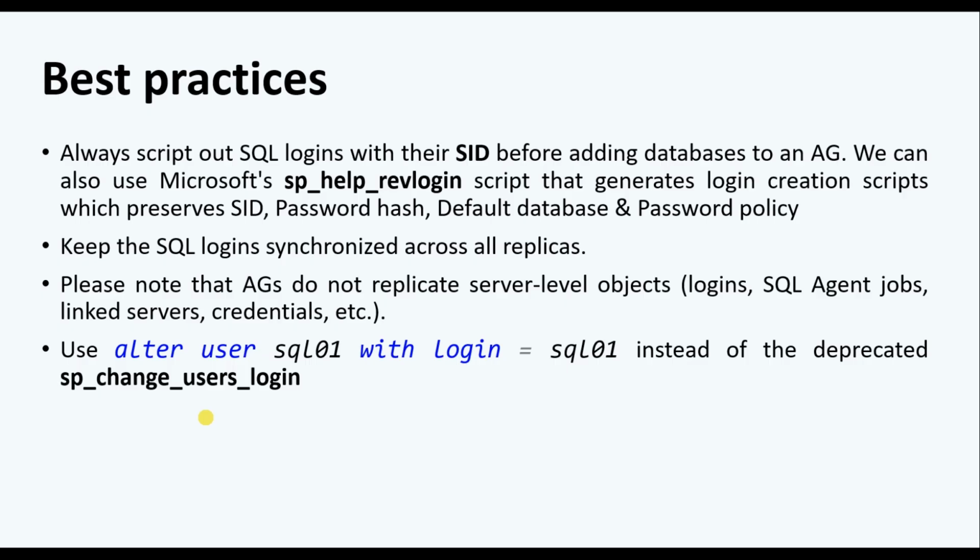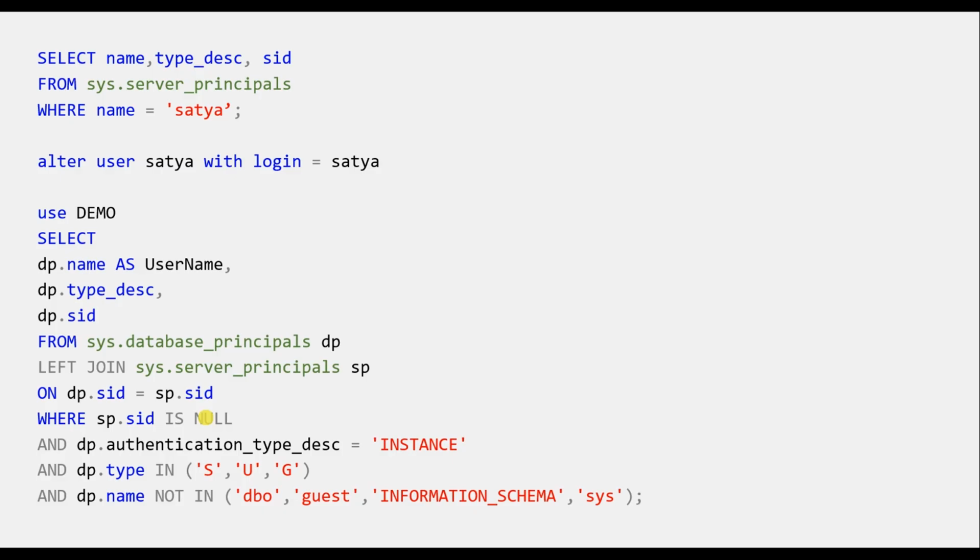And please note that AGs do not replicate server level objects like logins, agent jobs, linked servers, credentials, etc. Only database level objects will be replicated. And we have to use the ALTER USER WITH LOGIN command instead of the deprecated sp_change_users_login in case of a writable primary. And I'll provide you all the scripts used in this video in the description. You can check them from there.